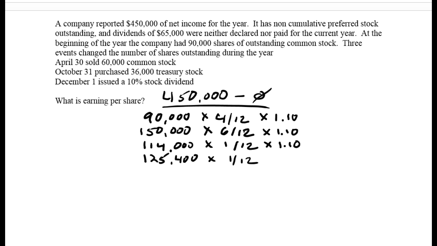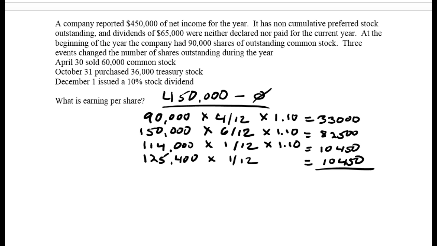All right, hold on. Put this on pause and do some calculations for me. 90,000 times 4 twelfths times 1.10 is 33,000. 150,000 times 6 twelfths times 1.10 is 82.5. Finish the last 2 layers in that same fashion and total the resulting column.